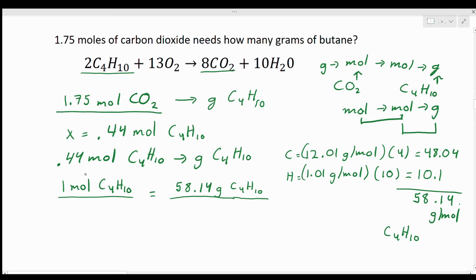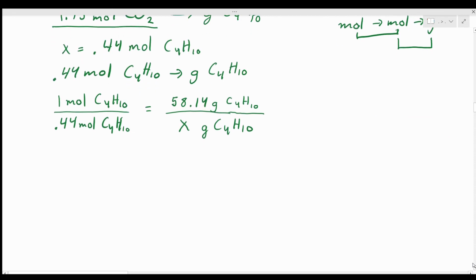And what I have is that I have 0.44 moles of butane. So moles, I said it's going to be on the left side. And I said grams is going to be on the right. We know that grams is the unknown value, which I will be calling x. If I make some room here, I can cross multiply.